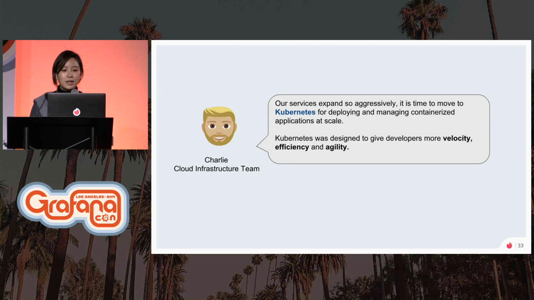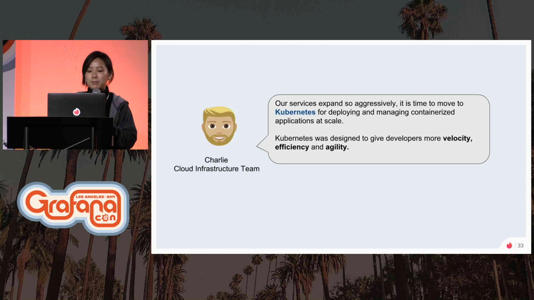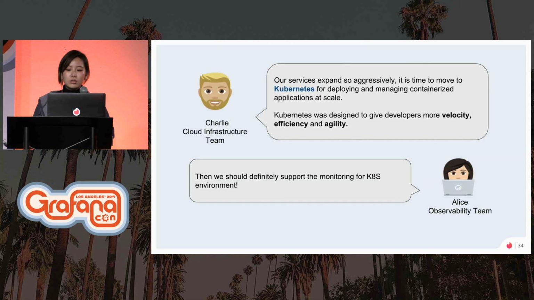In this way, it will give our developers more velocity, efficiency, and agility, and it will also help us save some money. So Alice should definitely go ahead and support the monitoring infra inside the Kubernetes environment.